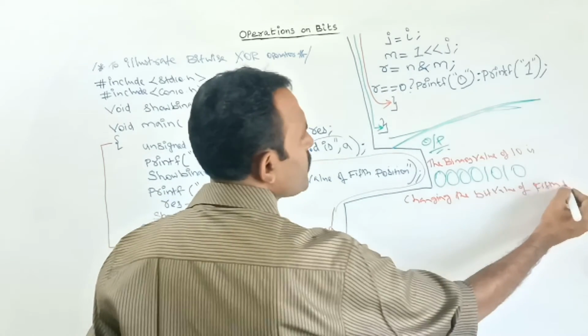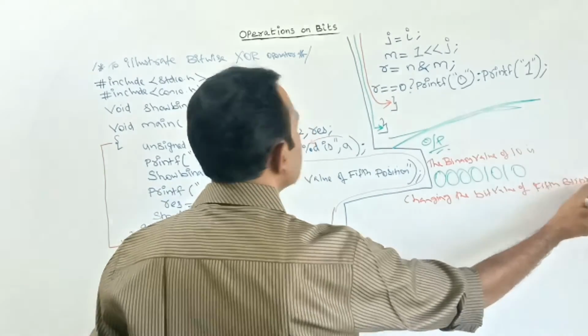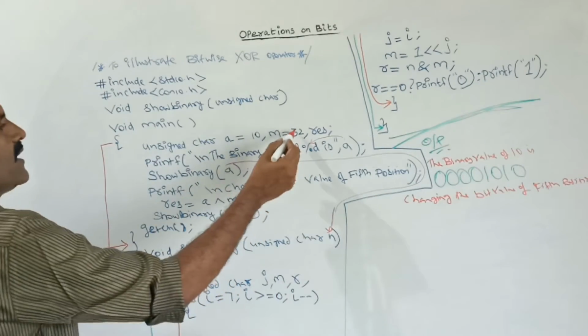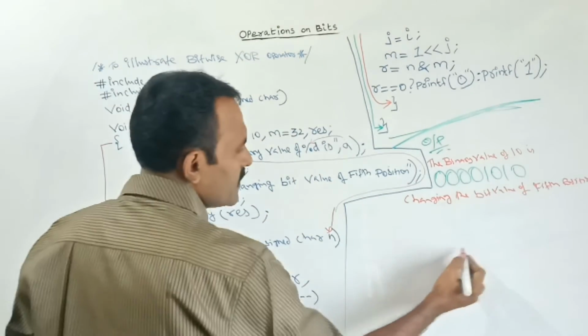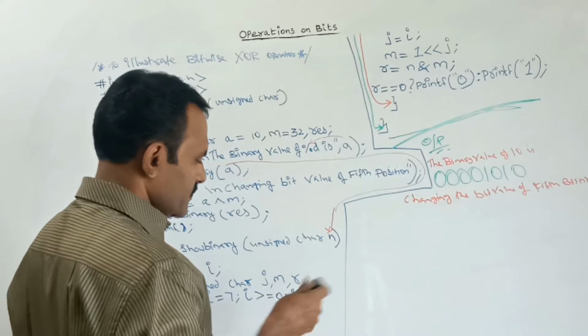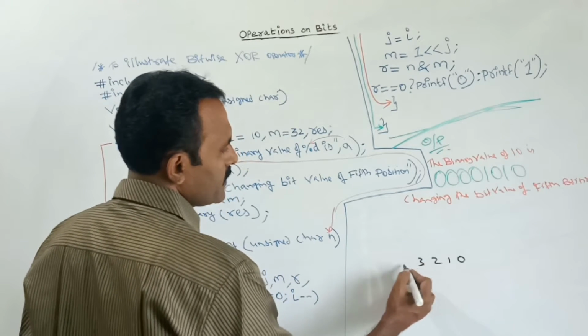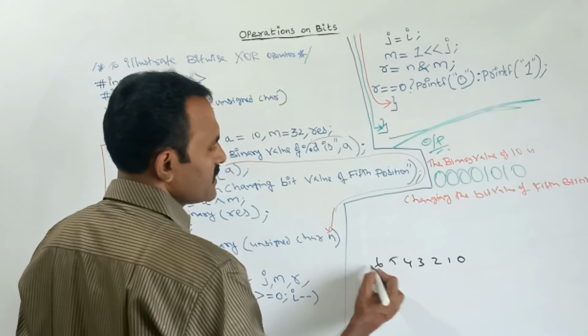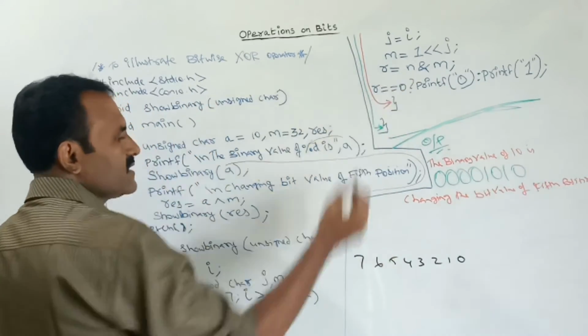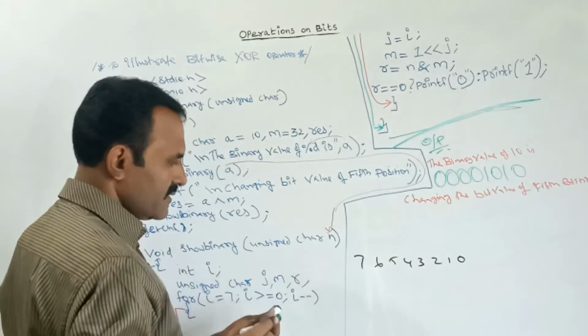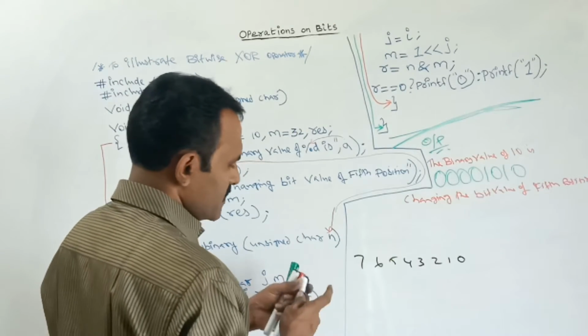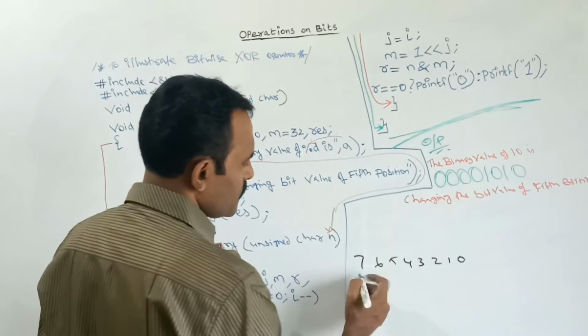Why am I using the 5th position? Because here in the mask value I am giving 32. Say all the position values, that is 0th position, 1st position, 2nd position, 3rd, 4th, 5th, 6th and 7th, because unsigned char has 8 bits, 0 to 7 positions. Here these are all the position numbers.